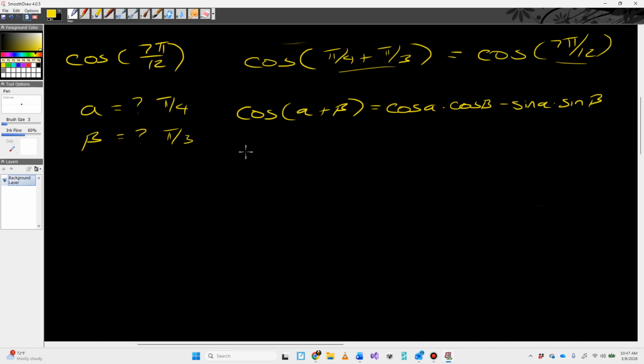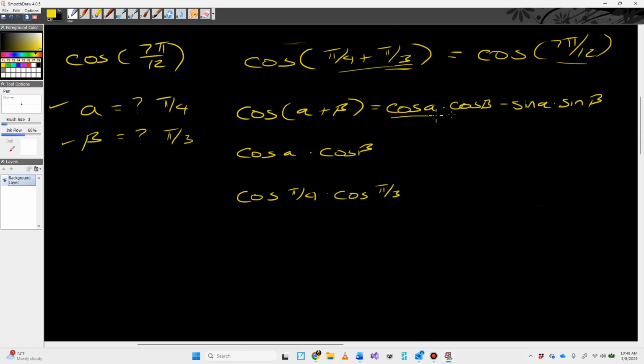So what is the cosine of alpha? Well, the cosine of alpha is whatever my alpha value is. What is my alpha value? My alpha value is right here. It's pi over 4. So cosine of alpha is cosine of pi over 4. What is my cosine beta value? Well, my beta value is right here. It's pi over 3. So I'm literally going to be taking the cosine of pi over 3.